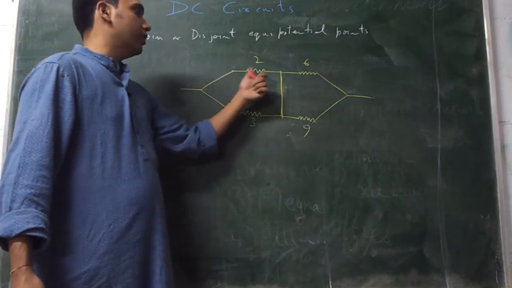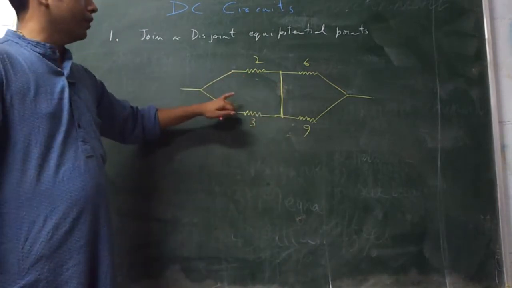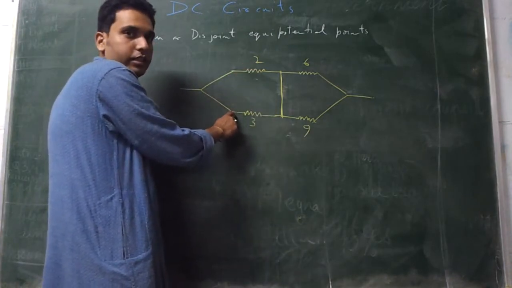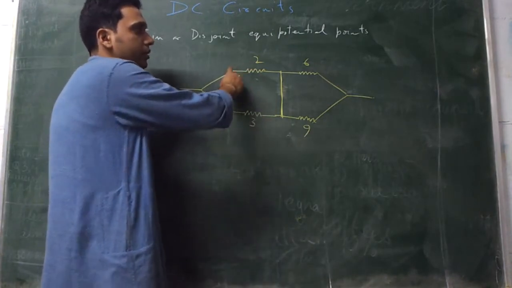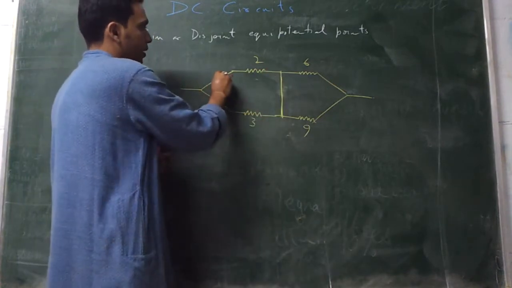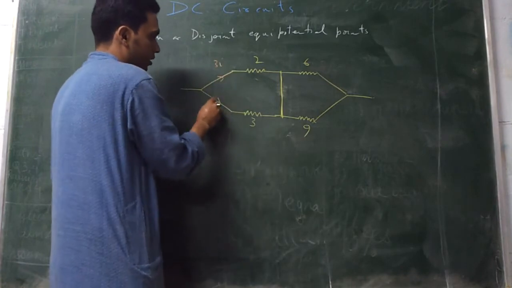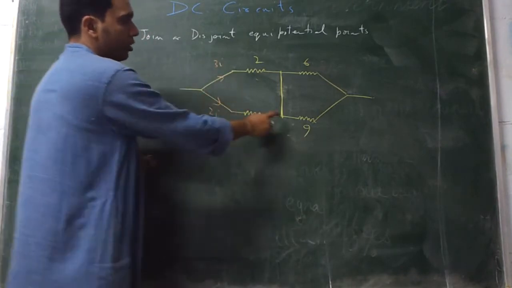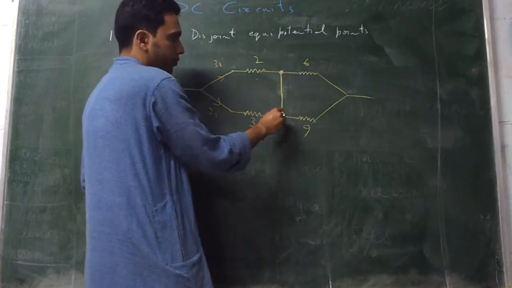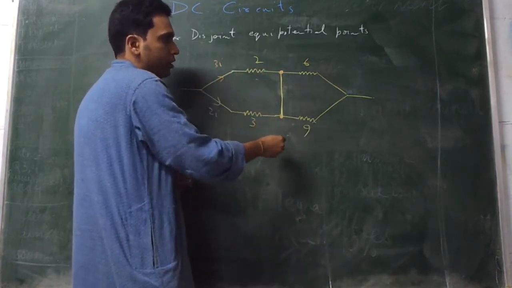The ratio of the currents would be in this ratio, 3:2. Here it will be say 2I, here it will be 3I, such that the drop is same. The current in this is 3I and the current in this is 2I. The potential drop is same. Now these 2 points are having the same potential because it's a Wheatstone bridge.